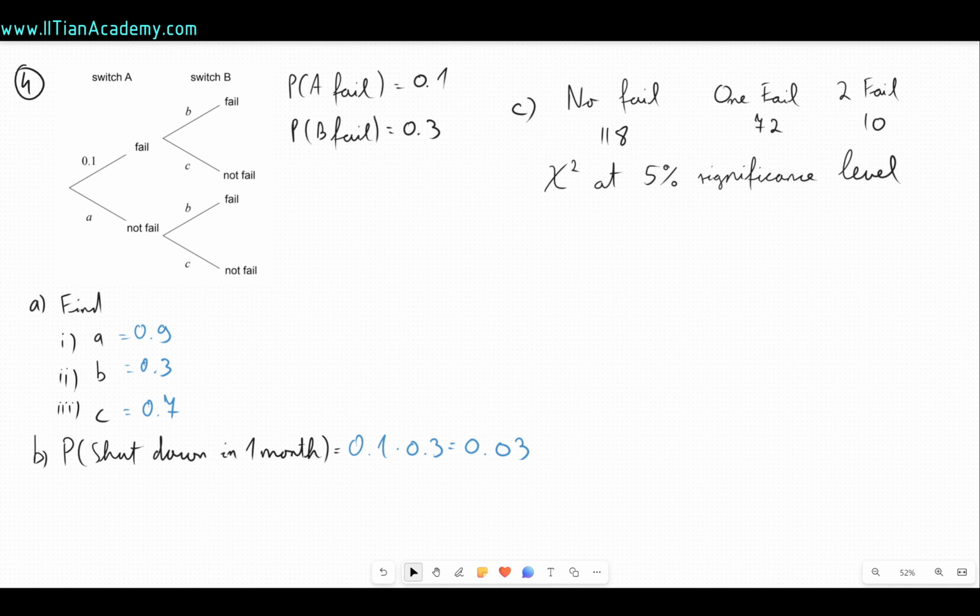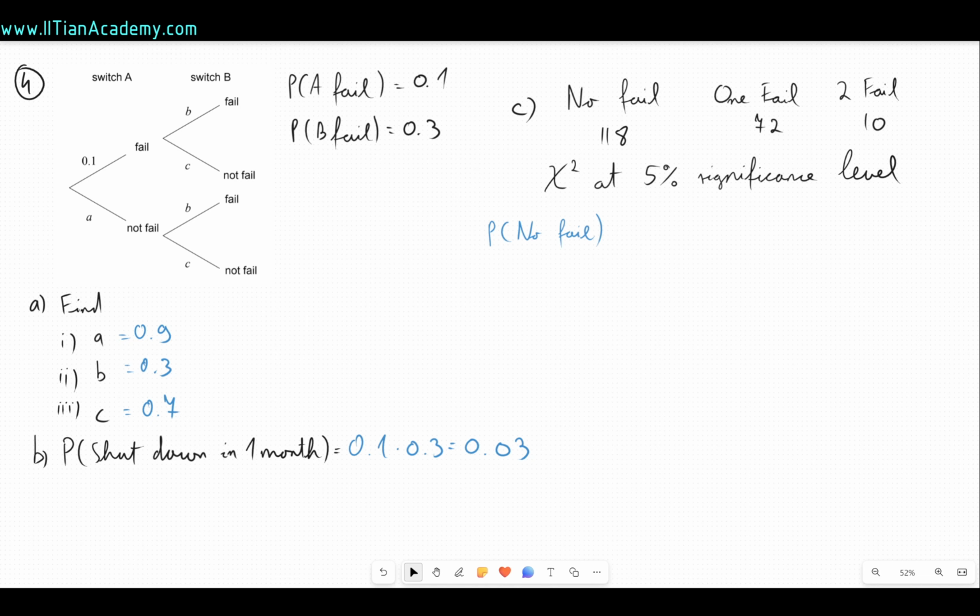So the probability that both fail, well, we have already calculated that. We can look back at the tree diagram, so we can calculate the probability of each of these individually. So if neither of them fail, if we look at the first column, so probability of no fail, we simply need to multiply A and C. So we need to look at this branch.